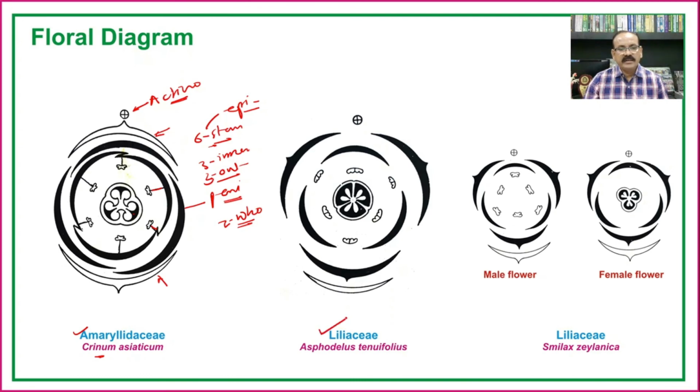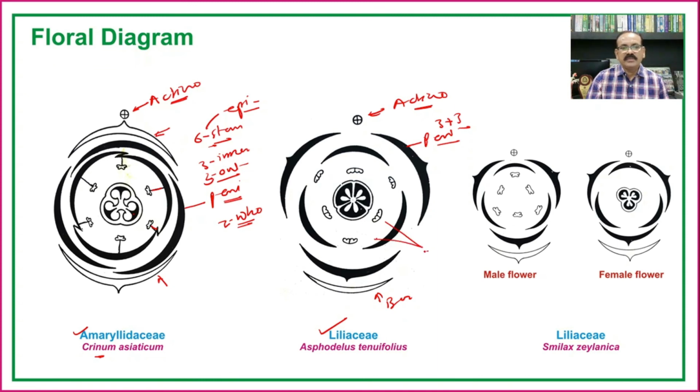In family Liliaceae, again there is a presence of the bract. The flowers are actinomorphic, with perianth in 2 whorls, that is 3 plus 3, 3 outer and 3 inner.